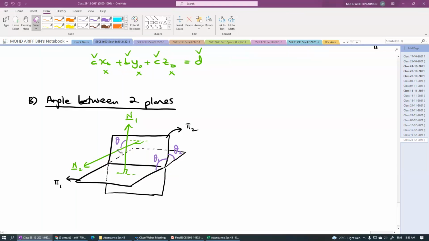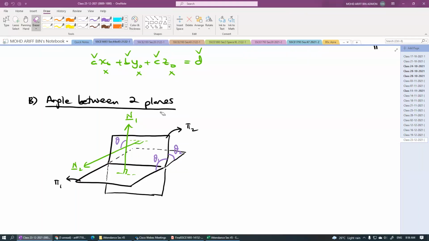Go back to this one. If you see the angle between the plane here and this horizontal plane, that is actually acute. Now, this is your normal vector and this vector. If we are saying here, this side, the angle here, is it acute here?